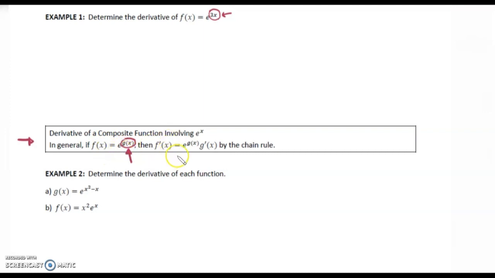For the derivative, it's e^(g(x)), the same thing. So rewrite your function, then we just do the chain rule. Then we do the derivative of the exponent there. And that's it.